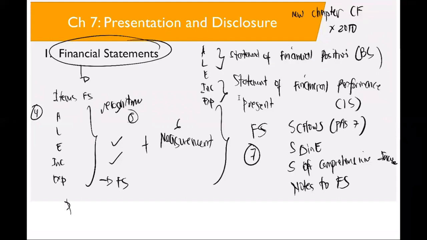So normally when we talk about your presentation, this talks about your financial statements. When we talk about your disclosure, this talks about your notes to financial statement. So what again is the relationship between these items of FS and your different financial statements?